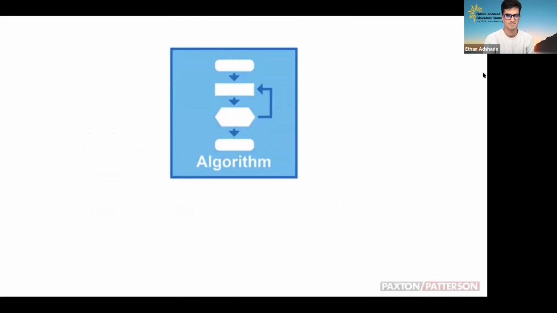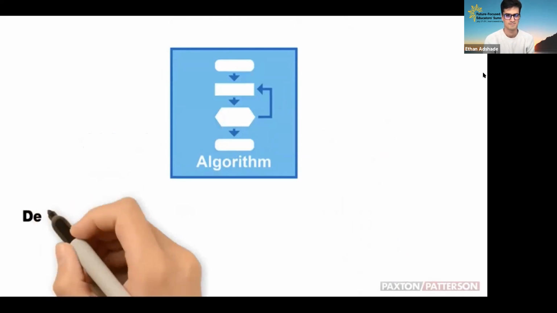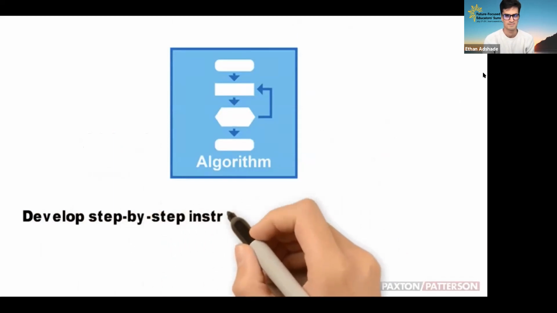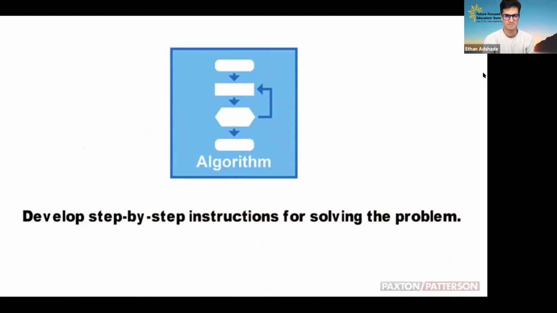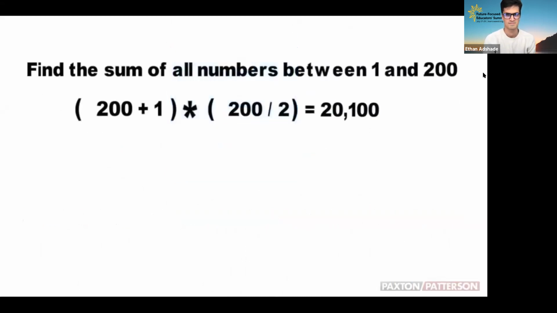The fourth and final step of the computational thinking process is algorithm design. Algorithm design involves developing step-by-step instructions for solving the problem, which you can use again to solve similar problems. In our original problem, we had to find the sum of all numbers between 1 and 200.